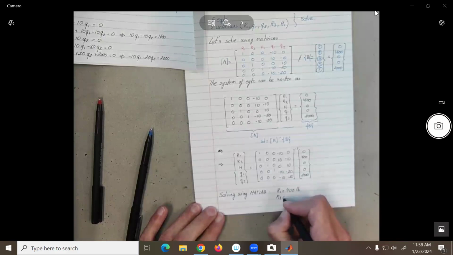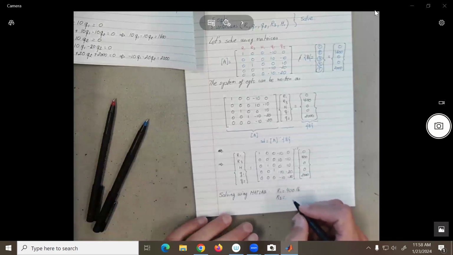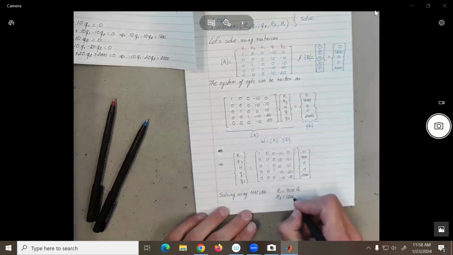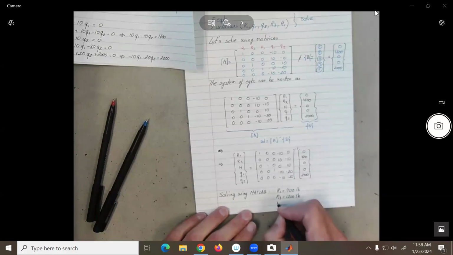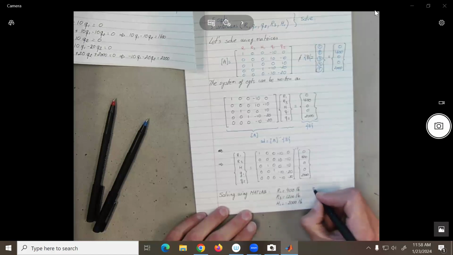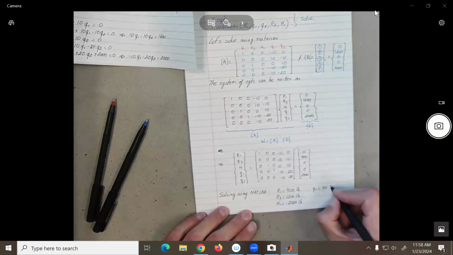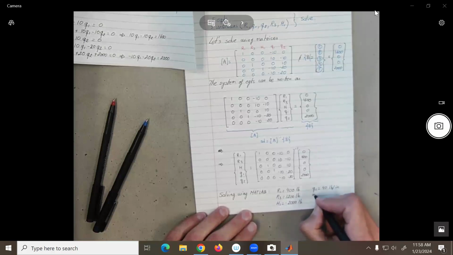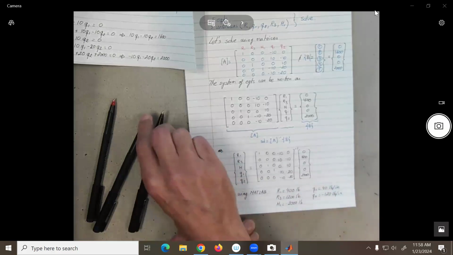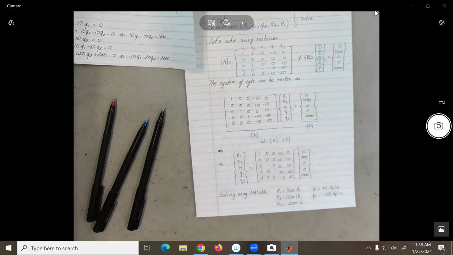R3 we had before equal to 1200 pounds. H1 we had equal to negative 2000. Q1, 40 pounds per inch. And Q2 negative 120 pounds per inch. Okay, as before.